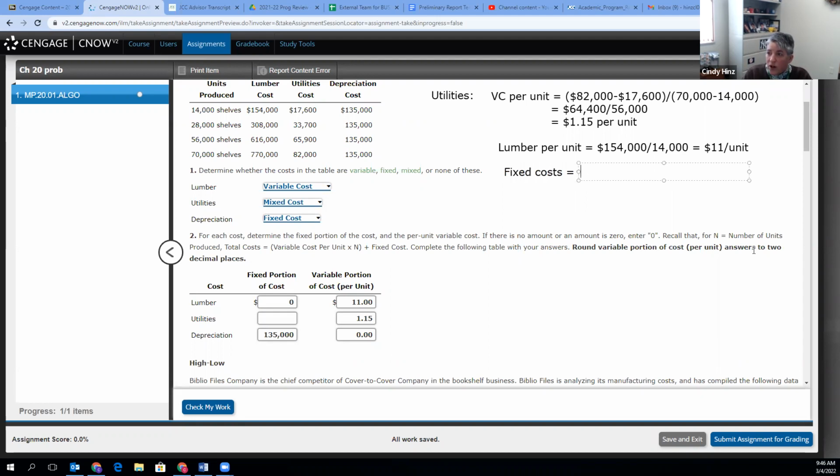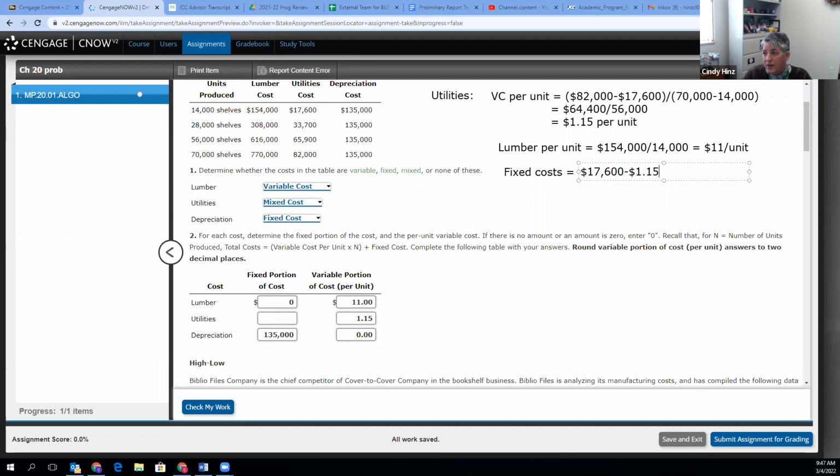So the fixed cost will be the total cost. And again, we can use any point, either the high or the low point. I'm going to use the low point just because it gives us smaller numbers to work with. So the fixed cost would be the total cost minus the variable cost.